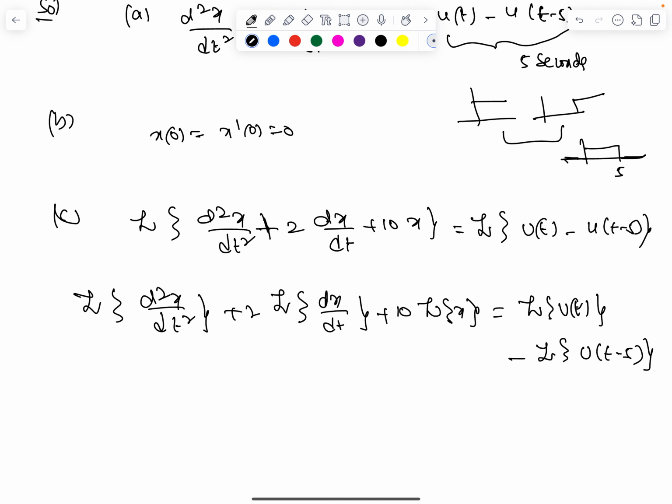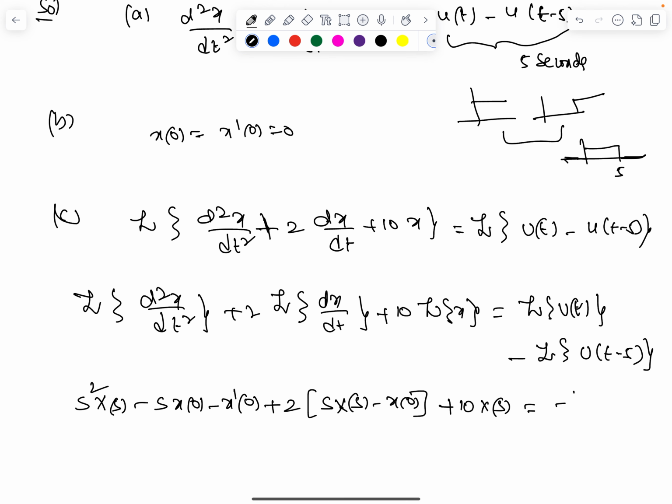And this is exactly s square into capital X of s minus s into x of 0 minus x prime of 0, plus 2 into s into capital X of s minus x of 0, plus 10 into capital X of s is equal to the right hand side.